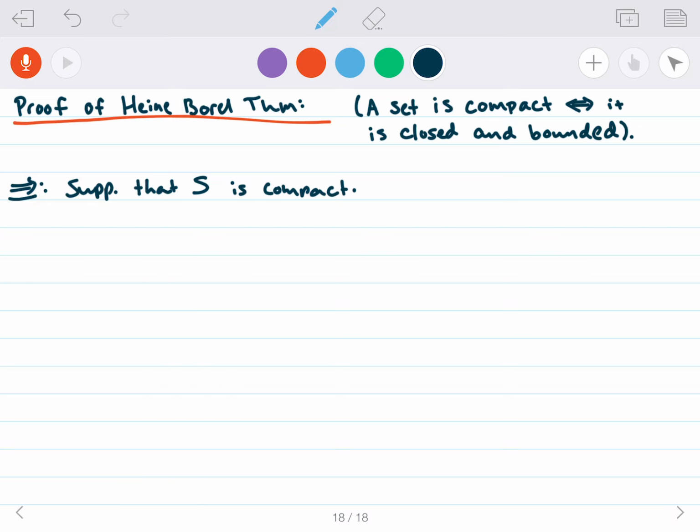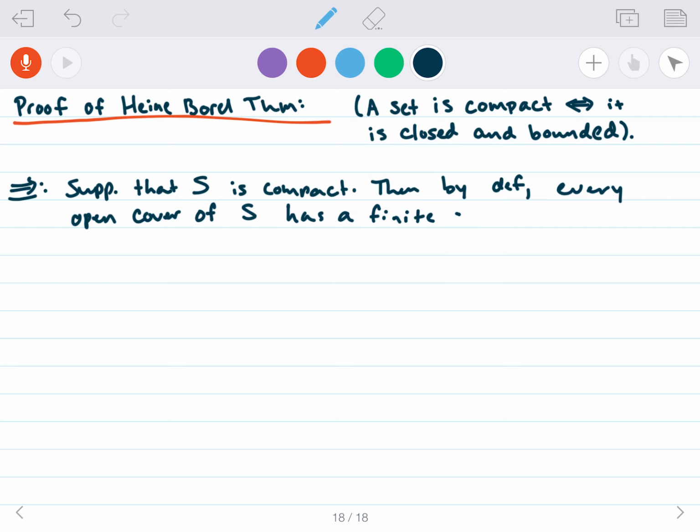And what does it mean to be compact? Then, by definition, every open cover of S has a finite subcover. Our mission here is to show that it's closed and bounded.